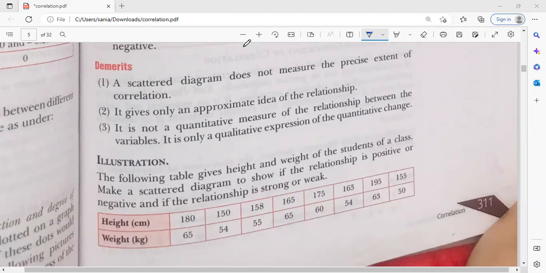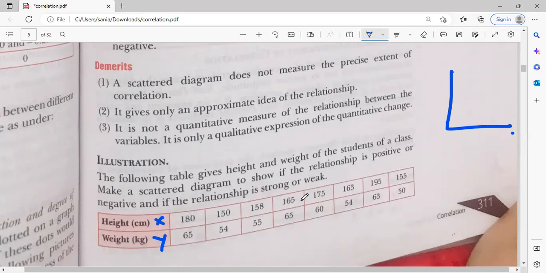Ma'am, for these kinds of questions, how are we supposed to draw? This one will be height. You will take x and this will be y, and you have to plot it like this. So x you will plot here and y you will plot here. For example, if it is 65 and 80, here it will be 65, right?